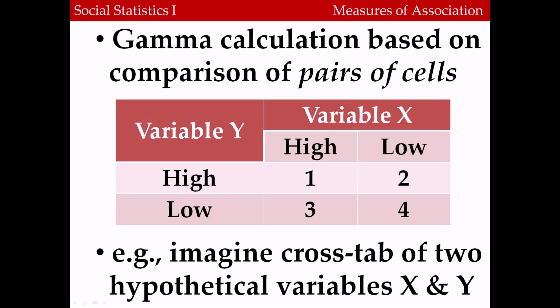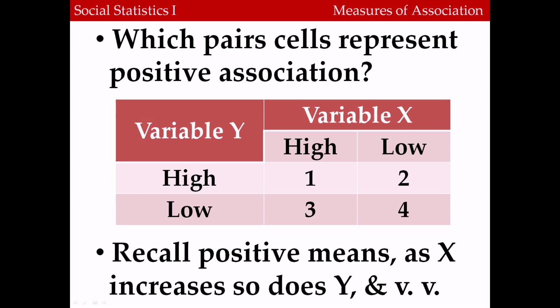And so take a look at the following table. It shows a hypothetical relationship between two variables, variable x and variable y, both with two categories, a high and a low category. In the calculation of gamma, we have to find all the cells that have either a positive or a negative relationship. Which pairs of cells here have a positive relationship? Recall that a positive relationship means that as we increase the value of one variable, we're also increasing the values of the other variable.